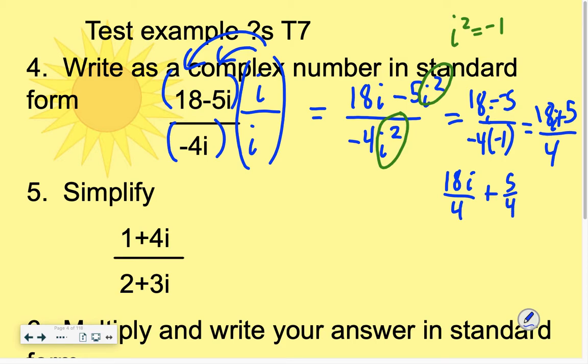So I get 18i divided by 4 plus 5/4. Switching the order there, put the real number first. So 5/4 is the real part. And then the imaginary part, I'm going to reduce that fraction. 18/4 reduces to 9/2. And there's my final answer.